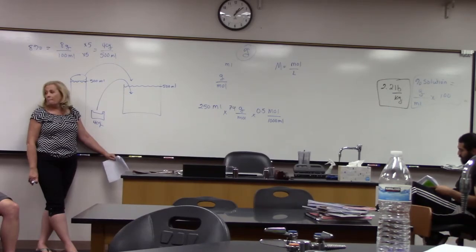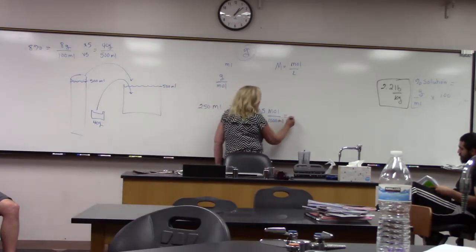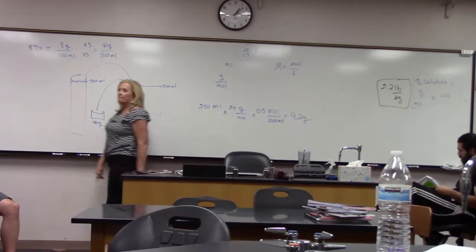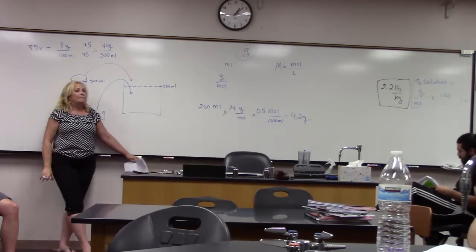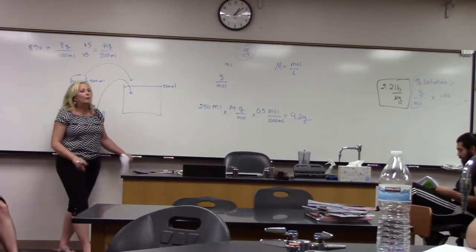All you do is, yep, 9.2. So your answer is 9.2 grams, yes? That actually wasn't so hard, huh? Yeah, but you know what, it's not going to remember that. Oh, well, we're going to practice it again.